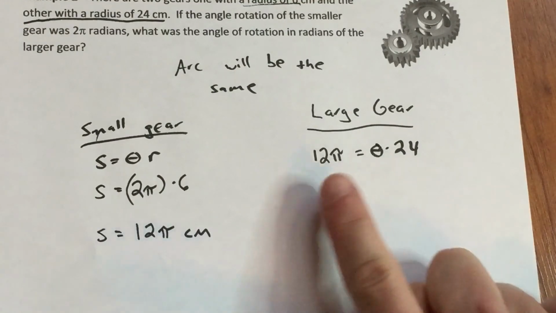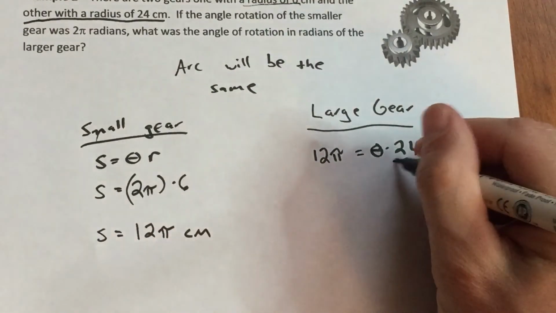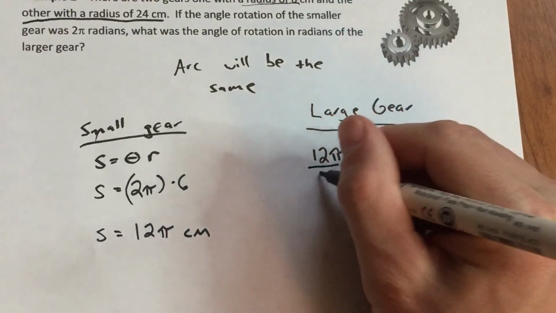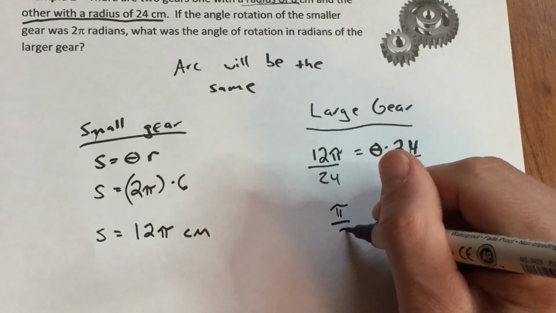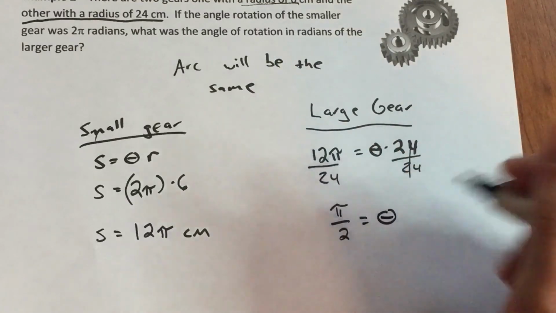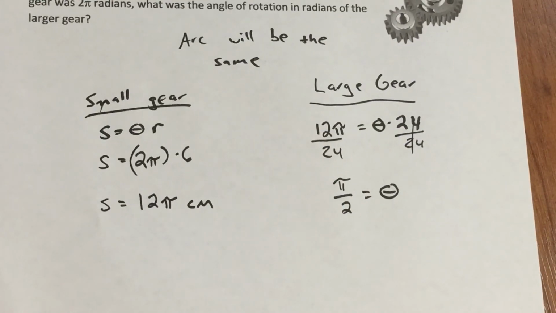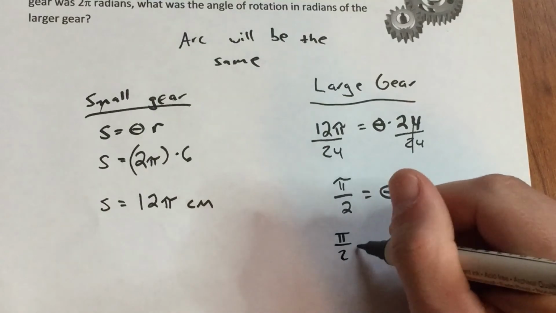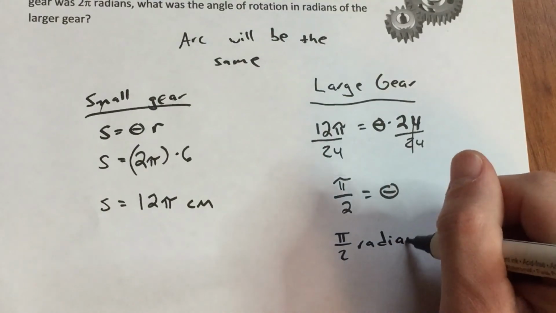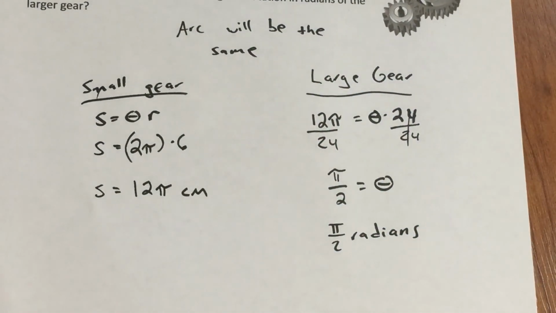Well, all we have to do is divide both sides by 24. And we get pi over 2 equals theta, right? And just for clarification, that is an angle. So we have pi over 2 radians.